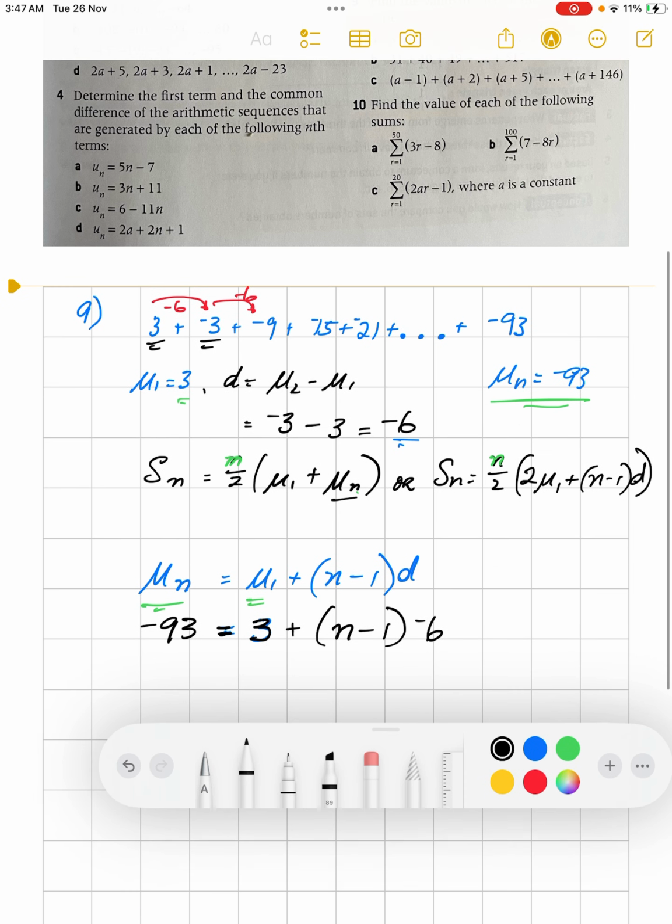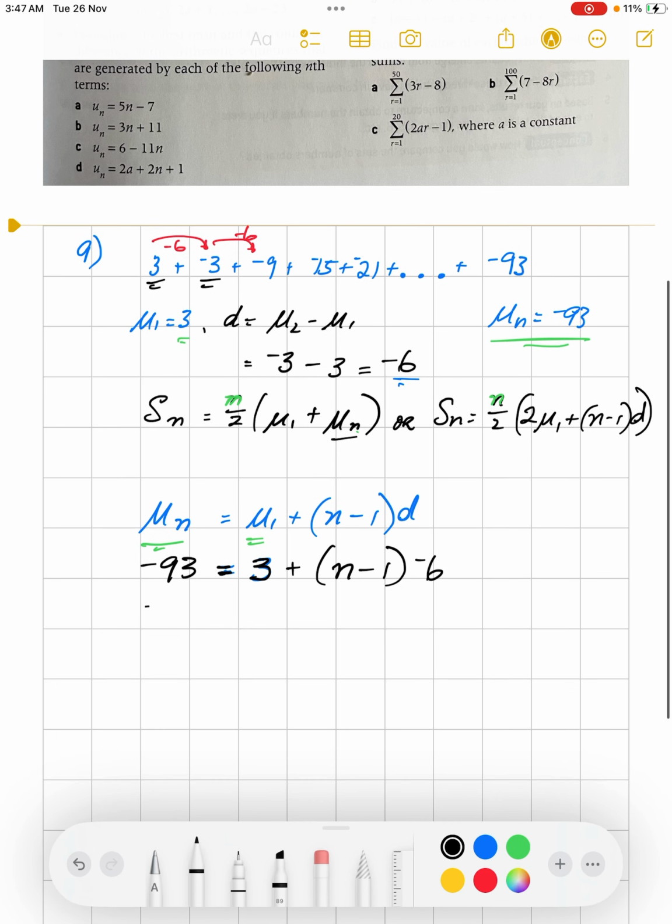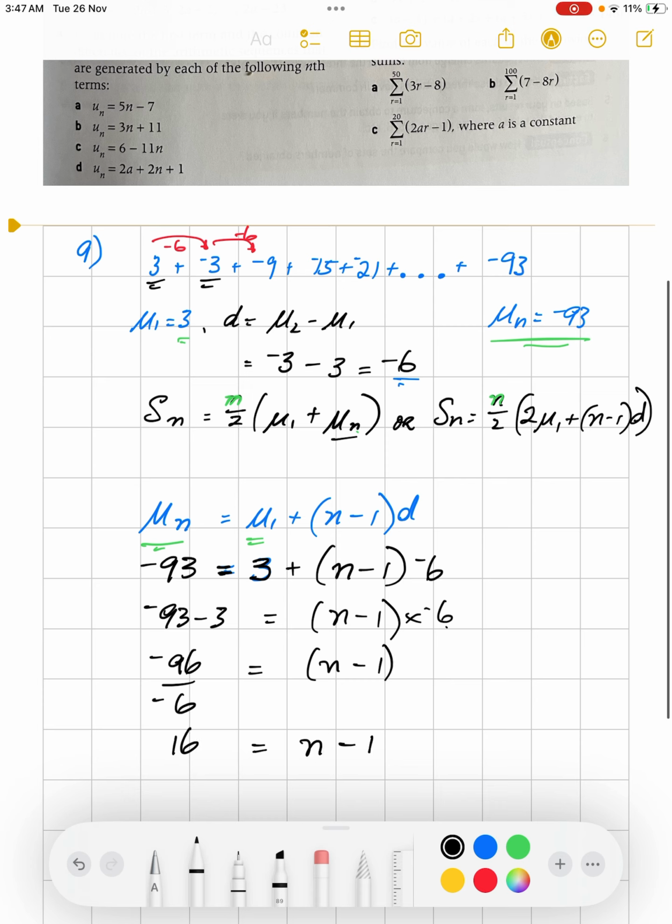All right, so let's work that out, and we would take negative 93, take that 3 across. So we've got negative 96. Take that negative 6 across to be divided by 6. So we've got 16. Take the minus 1 across to be plus 1. So we know, therefore, n is 17.